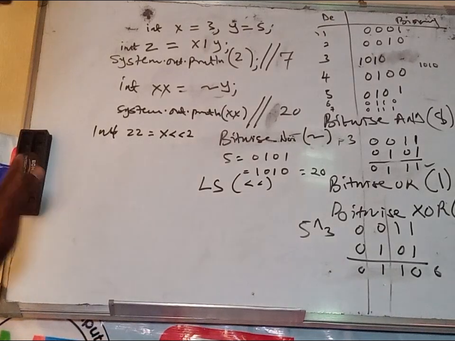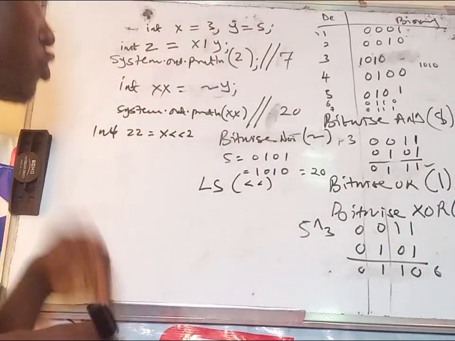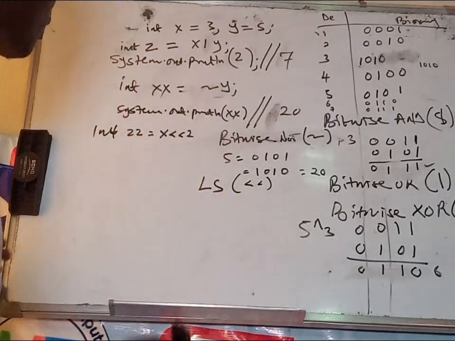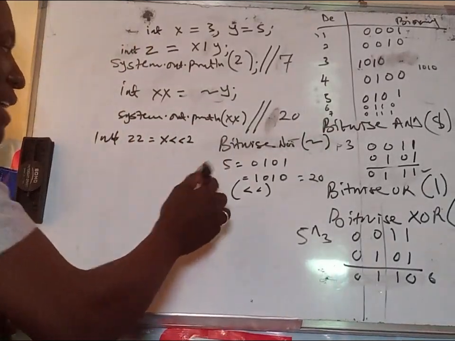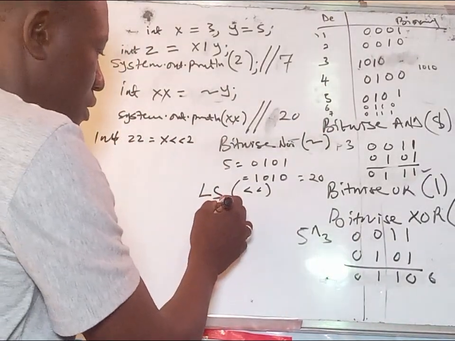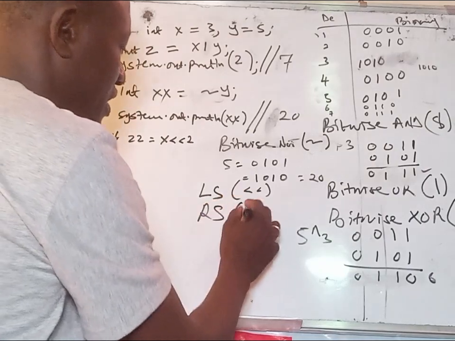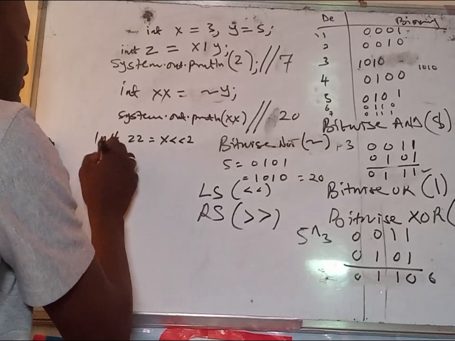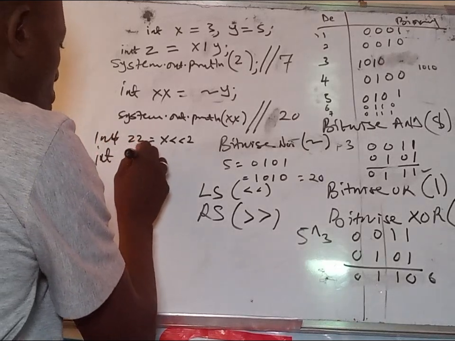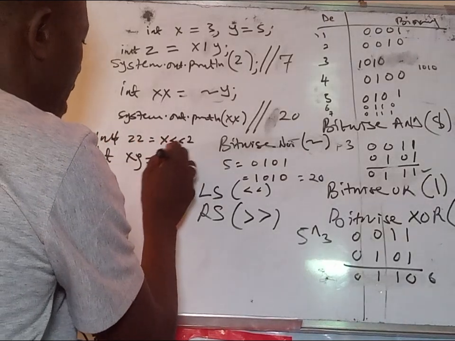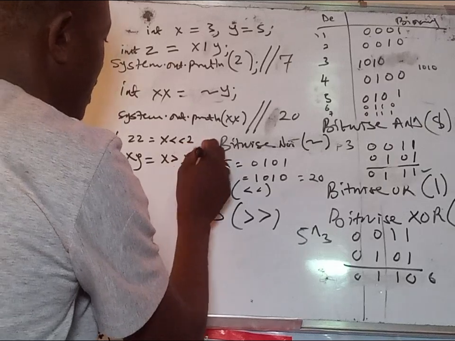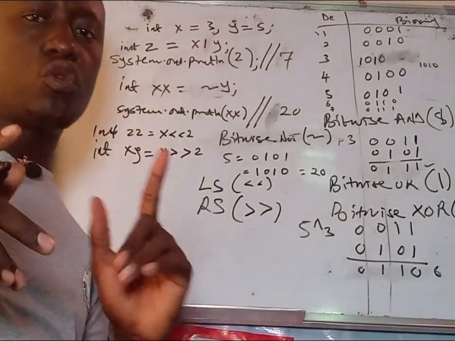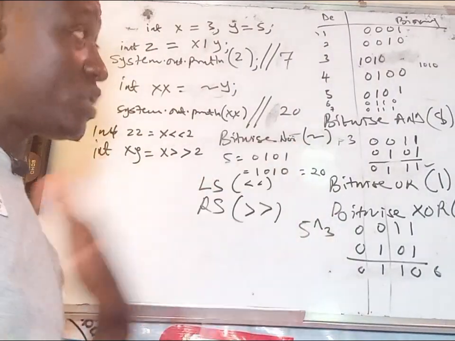So if we are talking about left to right, that is right shift, which is represented by the double greater than sign. Here, if we set int y is equal to x greater than greater than 2, it's going to shift to the right by 2, from the left to the right.